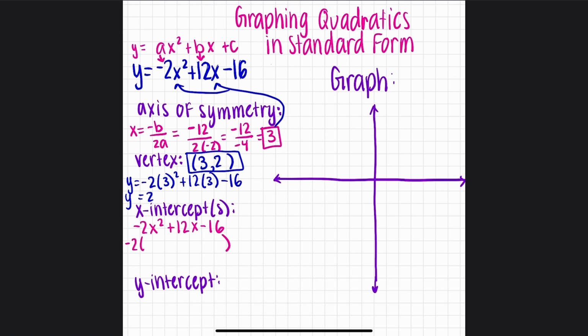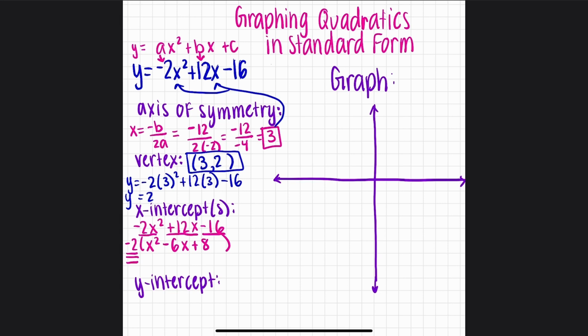So now I'm going to divide each of these terms by this negative 2 I'm taking out. Negative 2x squared divided by negative 2 is just x squared. Positive 12 divided by negative 2 is negative 6, bring down the x. And negative 16 divided by negative 2 is positive 8.